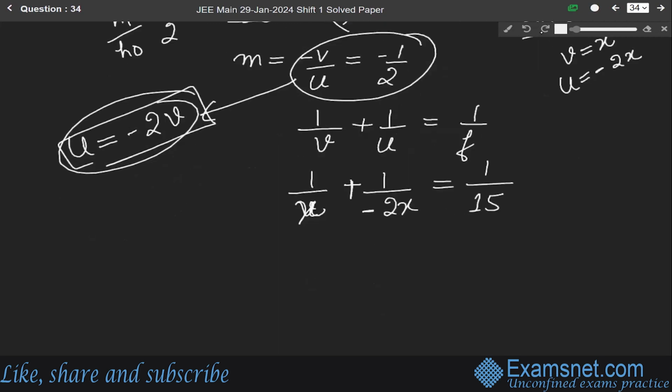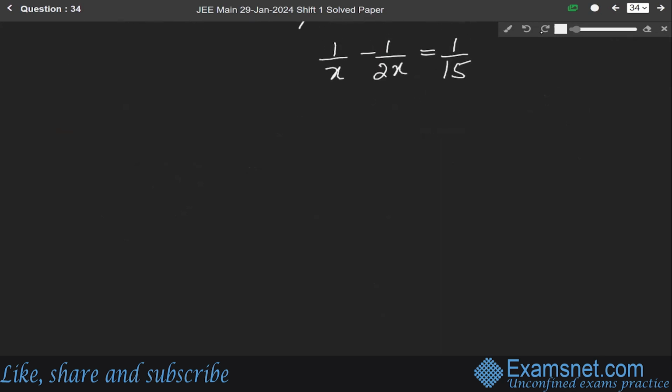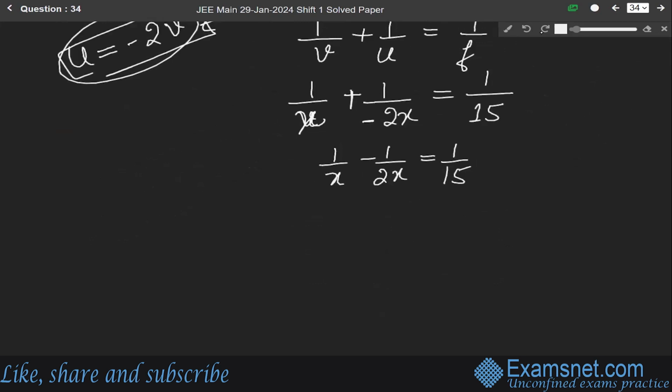Solving this, we get 1 over x minus 1 over 2x equals 1 over 15. So 2 minus 1 over 2x equals 1 over 15, so 1 over 2x equals 1 over 15.